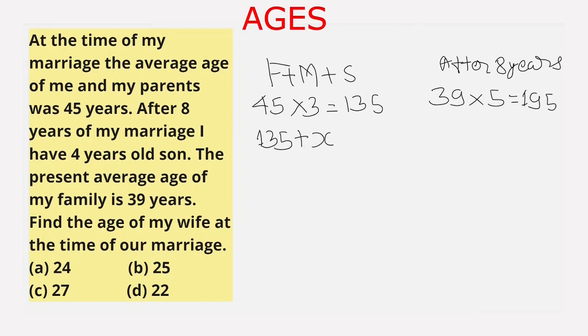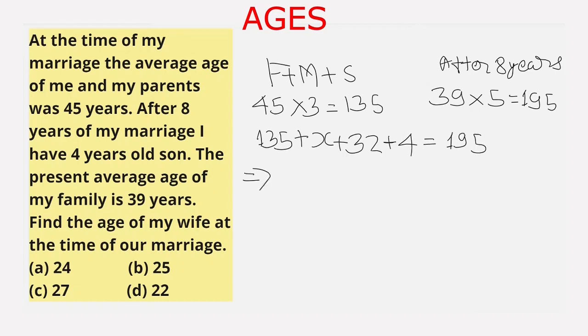Now if we add 8 times 4, that is the future age of father, mother, son and son's wife, then it comes out to be 135 plus x plus 32. And now the age of kid, grandkid is 4 years, and this is all equal to 195.